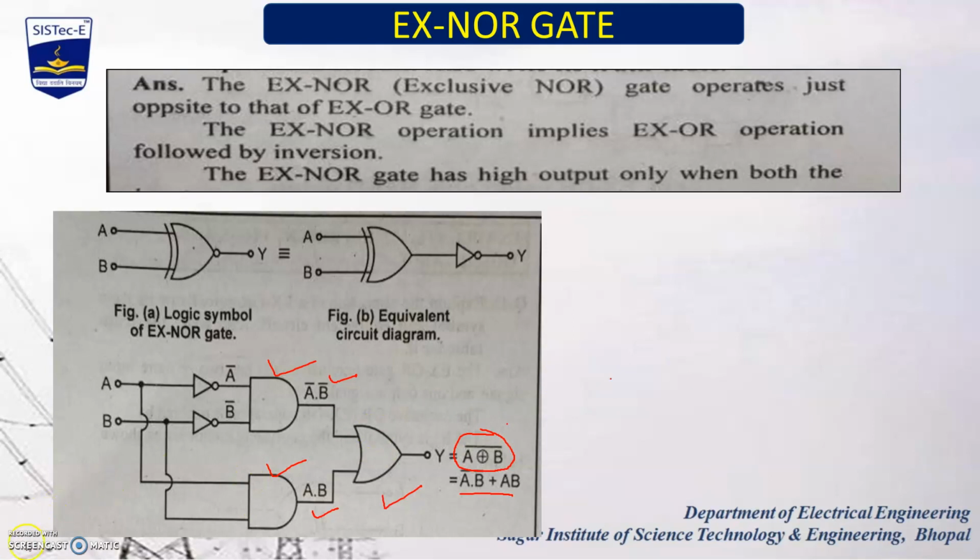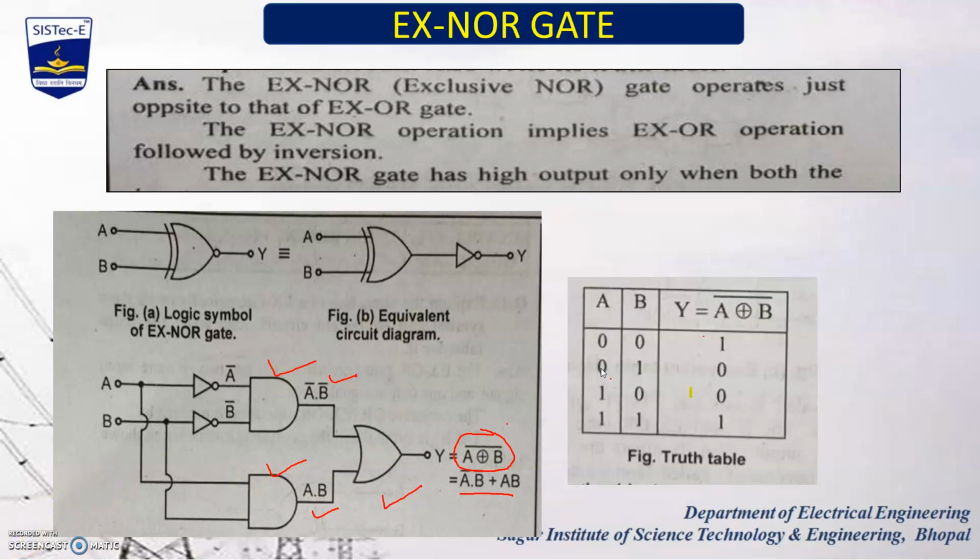When we talk about the truth table of the exclusive NOR gate, with its help we can understand its operation. In the first case, A is 0 and B is also 0, then the output of the exclusive NOR gate will be high. When input A is 0 and input B is high, the output of the exclusive NOR gate will be low.